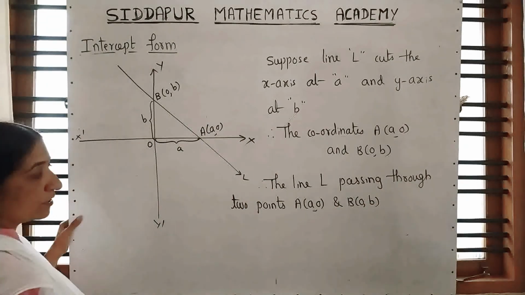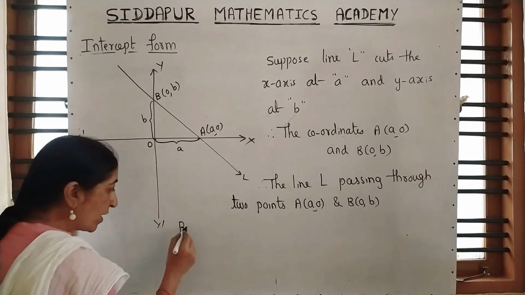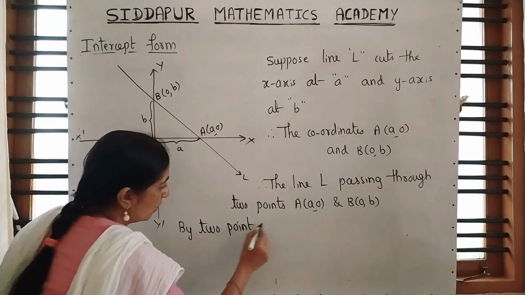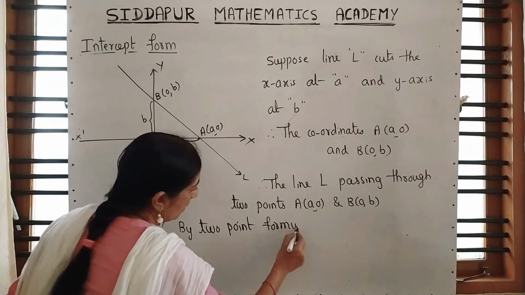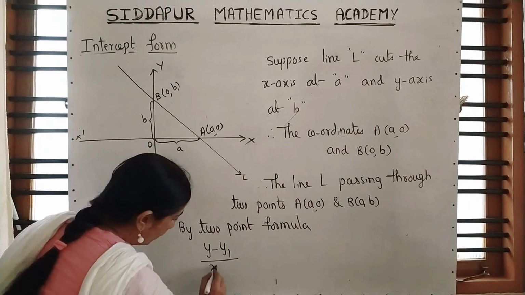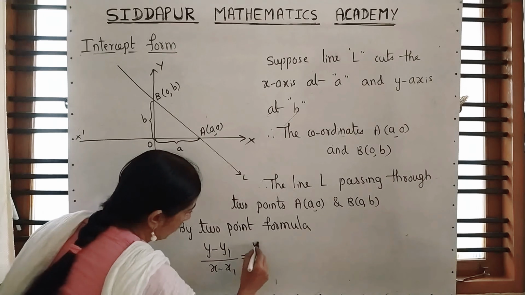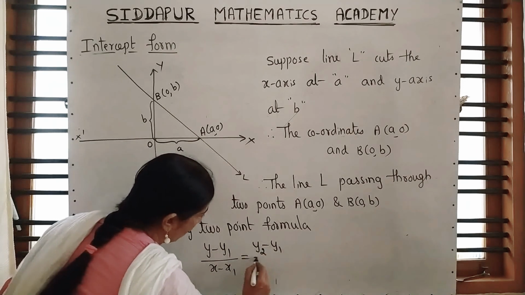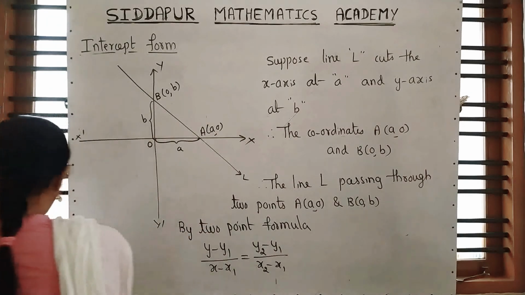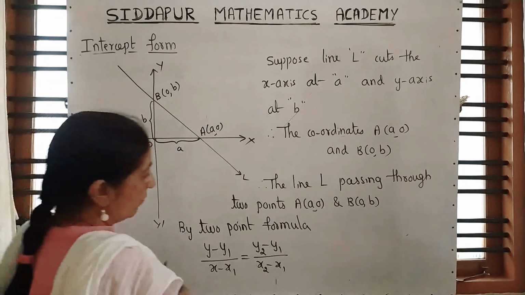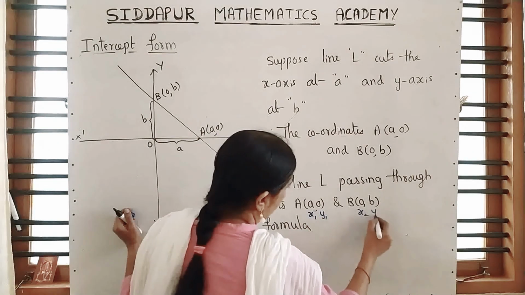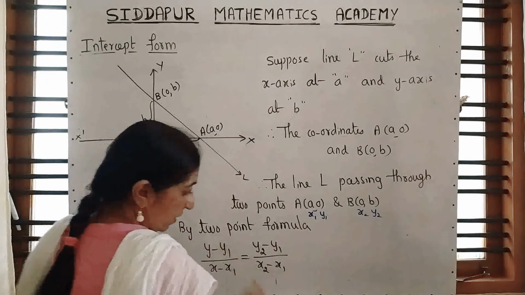See, it is passing through 2 points, then by the 2-point formula. The 2-point formula is: (y minus y1) upon (x minus x1) is equal to (y2 minus y1) upon (x2 minus x1). For convenience, take the first given point as (x1, y1) and the second as (x2, y2). Write down those values in the formula.